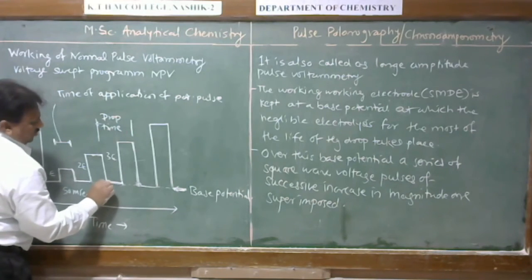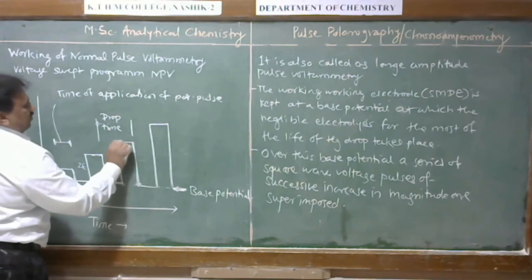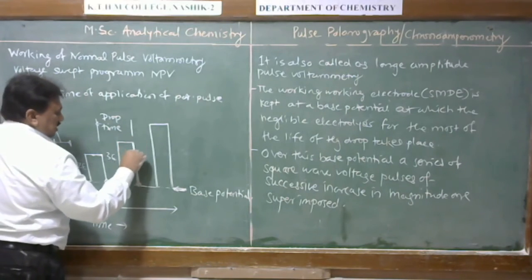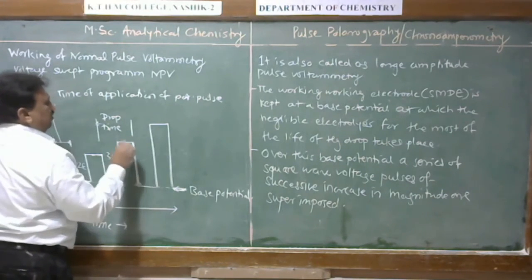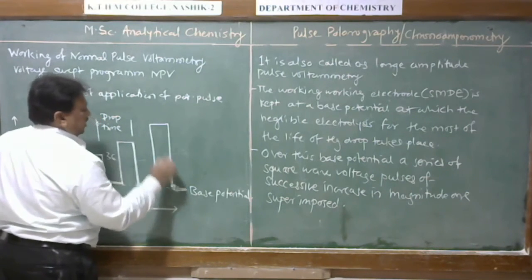That means when drop dislodges, for some instant pulse is not applied. Then after that pulse is applied for 50 millisecond, and then before 50 millisecond, again here is the same situation.